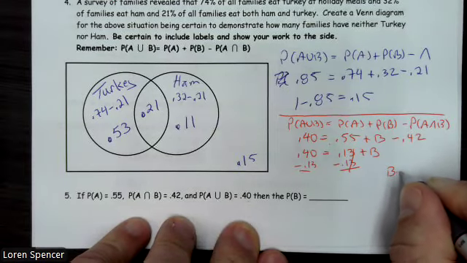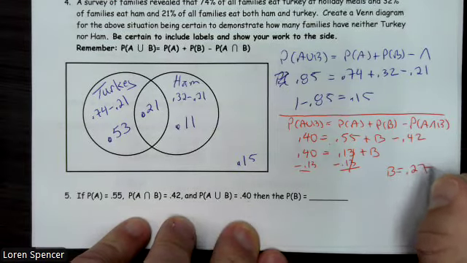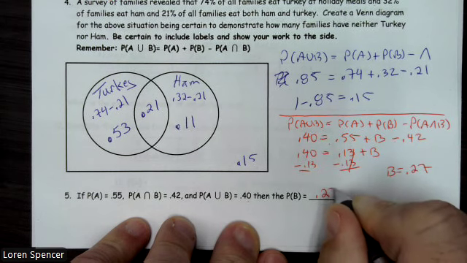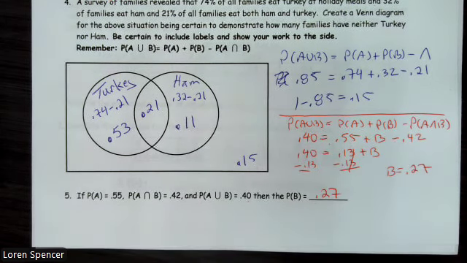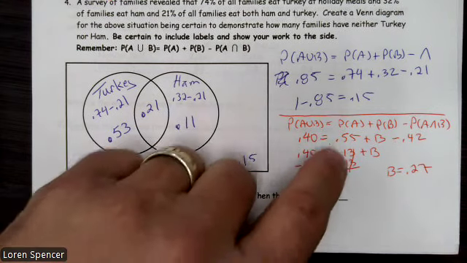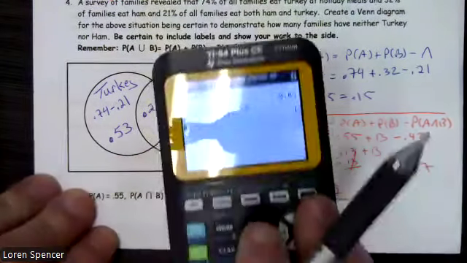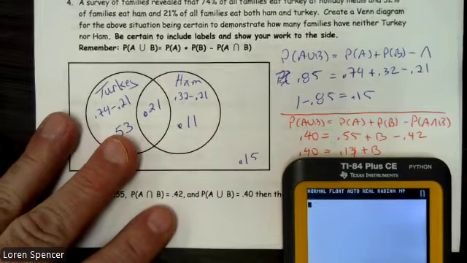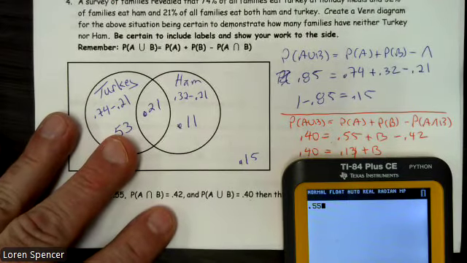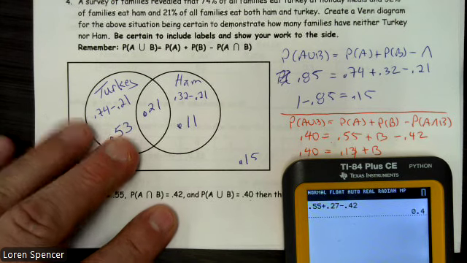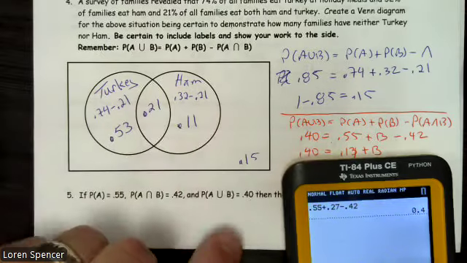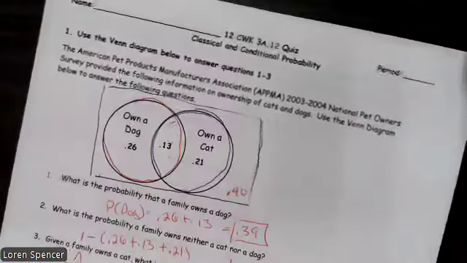So B equals 0.27. All right, and I can check that out. Let's add these up. 0.55 plus 0.27, that's what B is, minus 0.42. And that equals 0.4, so it looks like we did it correctly. All right, next problem.